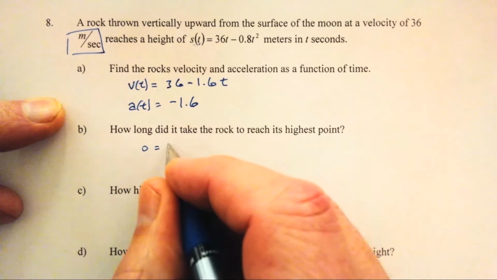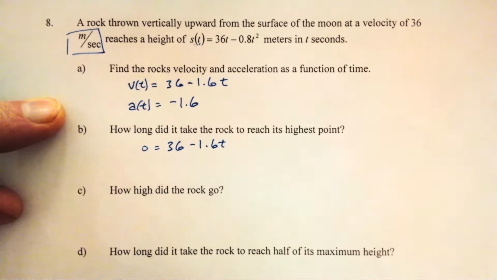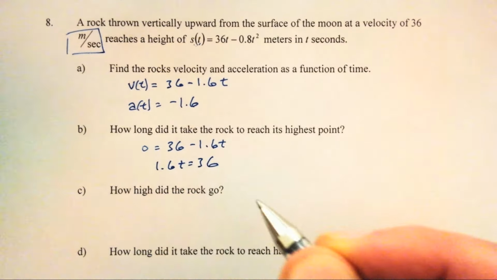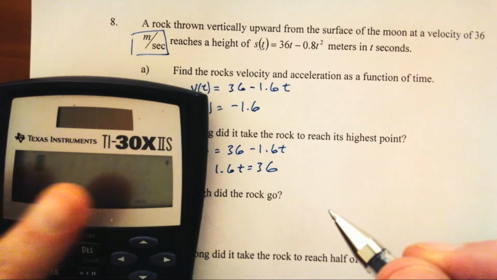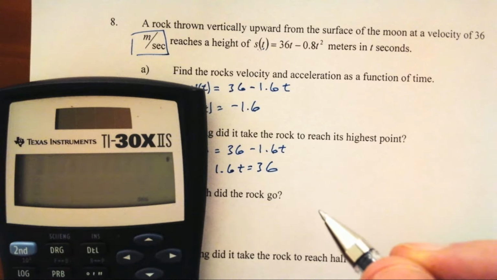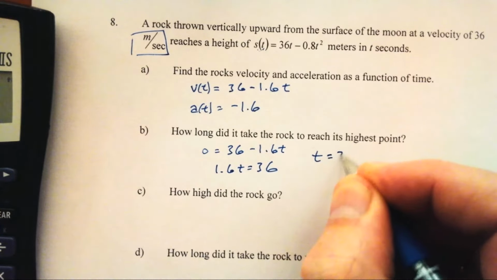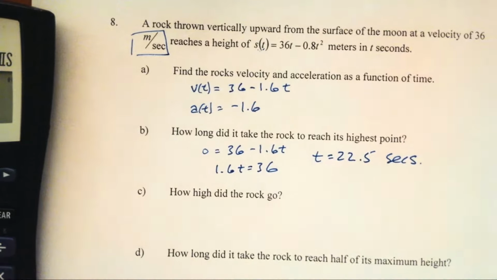Velocity is 0 when 36 minus 1.6t equals 0, or when 1.6t equals 36, or 36 divided by 1.6 is 22.5. So t is 22.5 seconds.